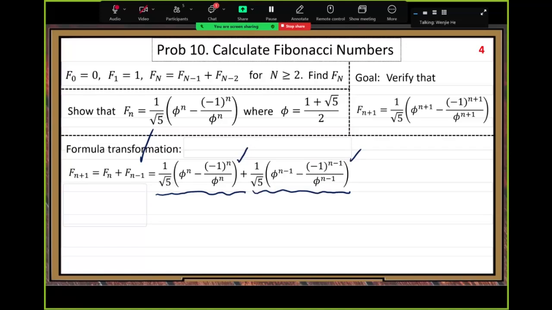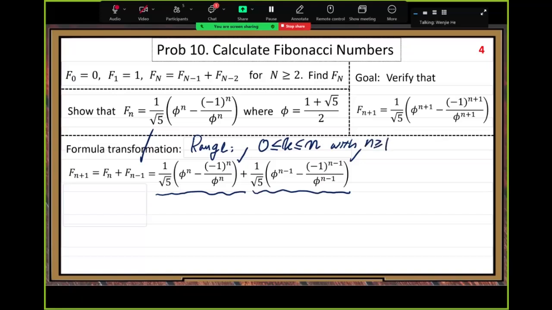Let's recall the range in our induction assumption. What's the range? The range in our induction is between 0 and n, with n greater or equal to 1.